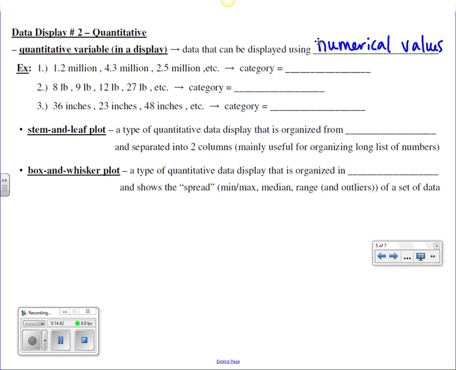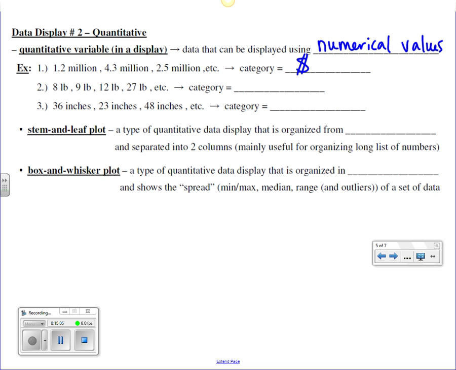You can fix it later. Flip it over. All right, numerical values. What do you think? 1.2 million, 4.3 million, 2.5 million. What category could that be? What could those numbers represent? Money. Good. All right. So those could be money. They could be lots of things, but money's the first thing that comes to mind.